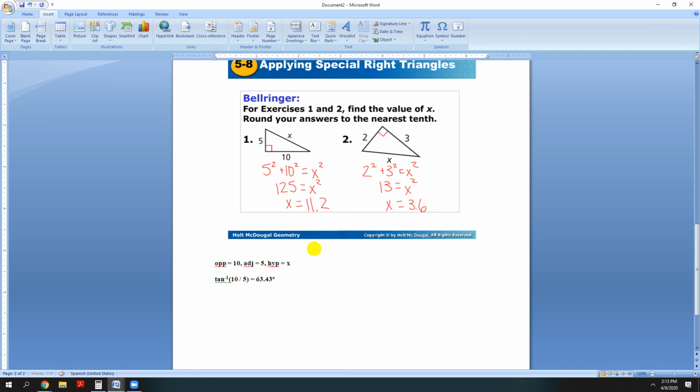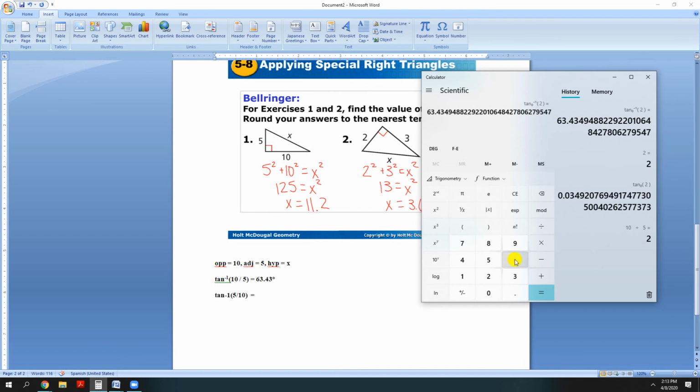I'm going to double check this one. I'm going to also figure out the inverse tangent of 5 over 10. Now the inverse tangent of 5 over 10, now I'm saying 5 is my opposite and 10 is my adjacent. I'm talking about this angle down here.